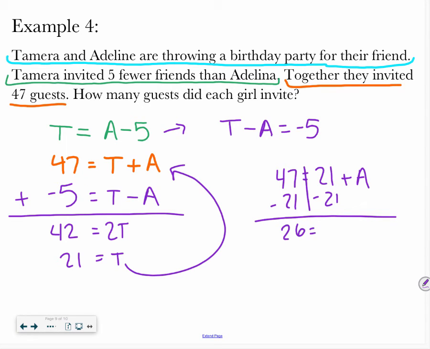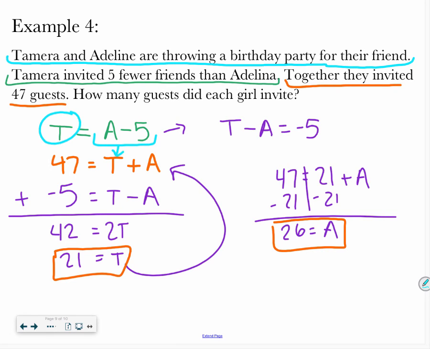We have 26 equals A. So Tamara invited 21 guests, and Adelina invited 26 guests. Okay? So that's one way, or maybe you remember from yesterday when it's solved for a variable, you could take this whole thing and plug it in right there. And if you did that method, that is also fine, okay?